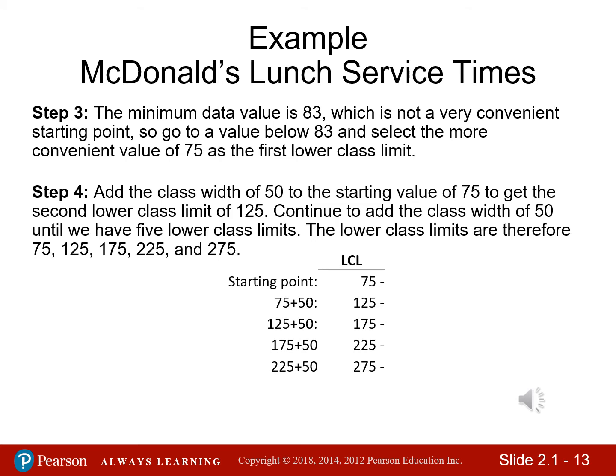For step 4, we will add our class width to get the second lower class limit. And so we will add 50 to 75. So our second lower class limit is 125. And then we will add 50 to 125 and get our third lower class limit of 175, and so on.